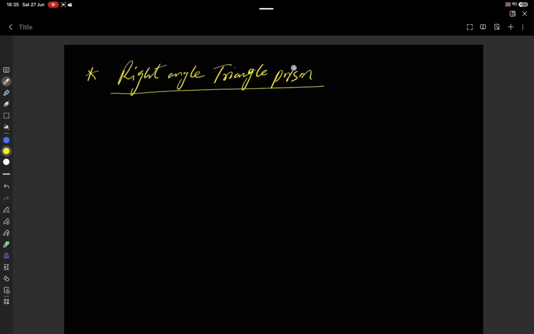Now the next is the right angle triangle prism. So in the right angle triangle prism we have a right angle glass prism.